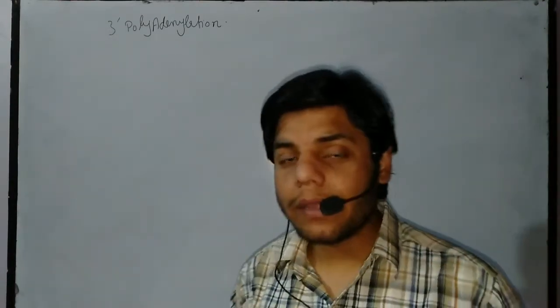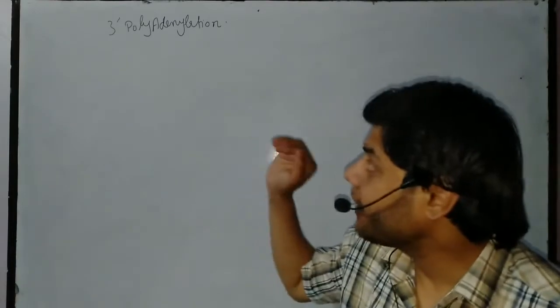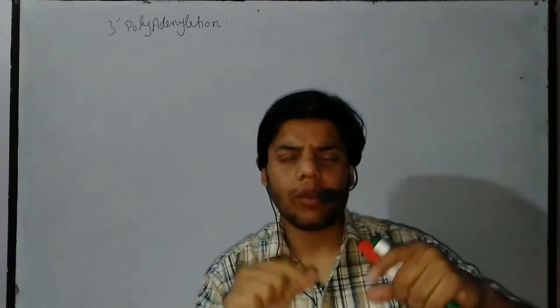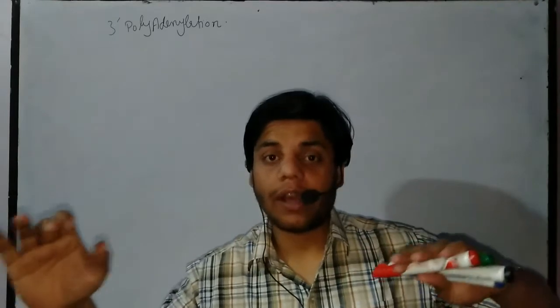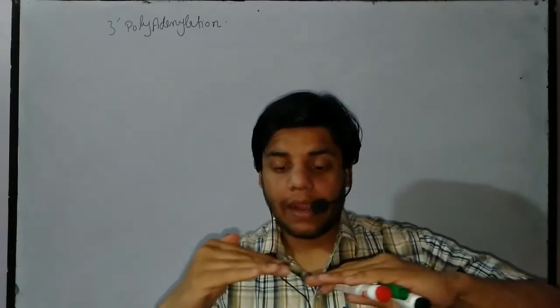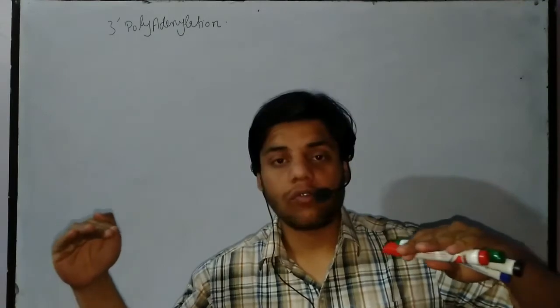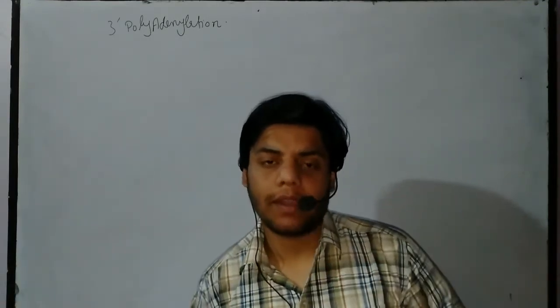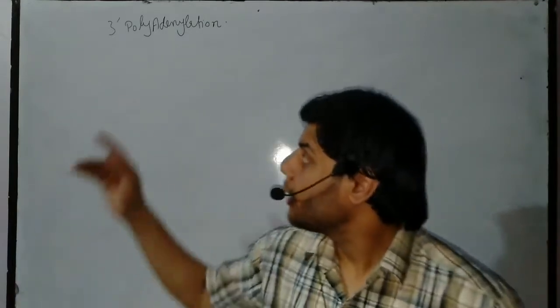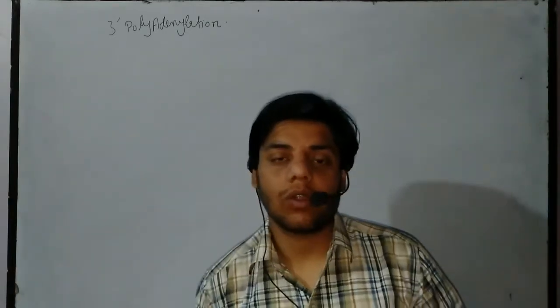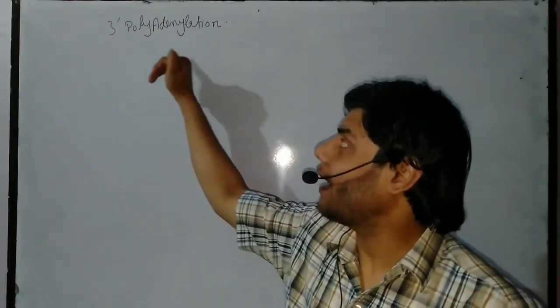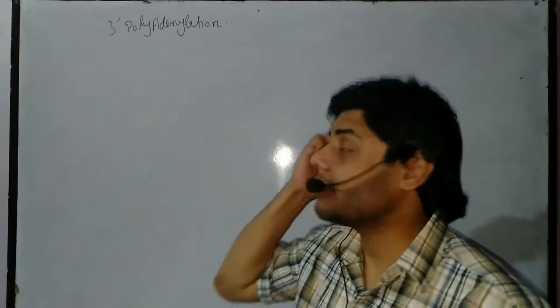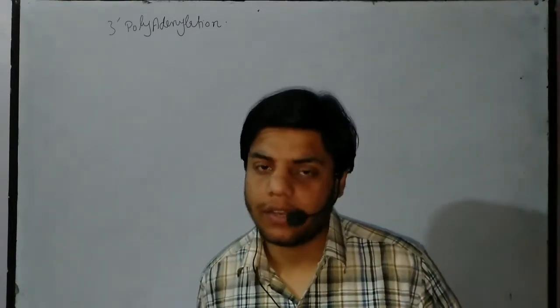As the name indicates, when adenine nucleotides keep being added by the polymerase enzyme after the transcription, and we get a long stretch of 200 to 250 adenines at the 3' end, this process is called 3' polyadenylation, because poly means many, adenine means adenine, and lation means addition, the process through which adenine is added.